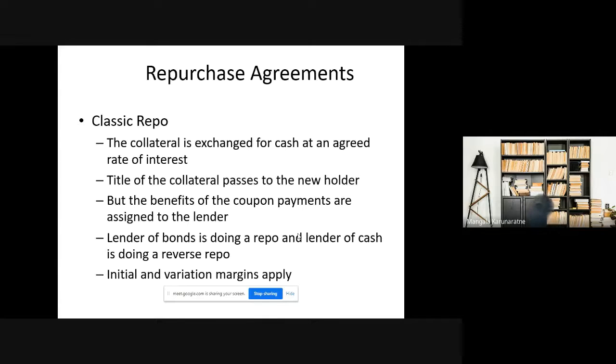repurchase agreement. So why do they not mention a reverse repurchase agreement, just master repurchase? Because the repurchase is one transaction. So you get two sides, the repo side and the reverse repo side. The person who is giving bonds is doing the repo. Who is giving cash is doing the reverse repo, right?